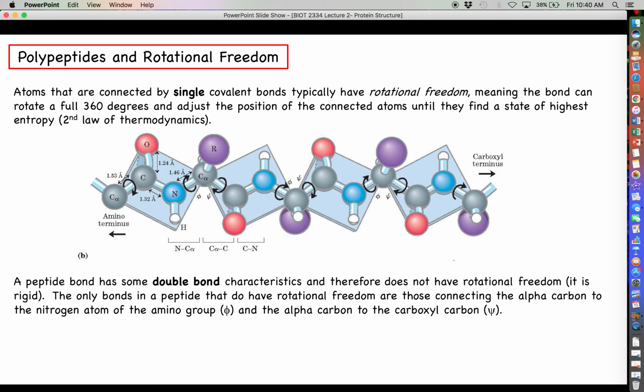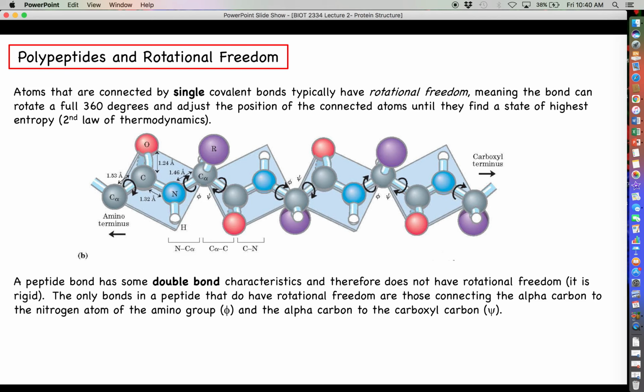A double bond actually shares 4 electrons rather than 2. So because the peptide bond has some double bond characteristics, it's not going to have really much rotational freedom, meaning it's going to be a lot more rigid. You're not really going to be able to rotate that bond 360 degrees like you would other bonds in the peptide structure.